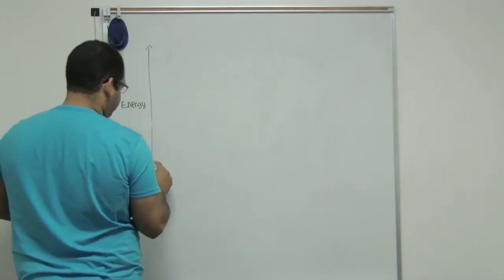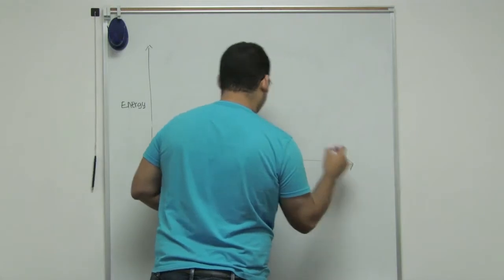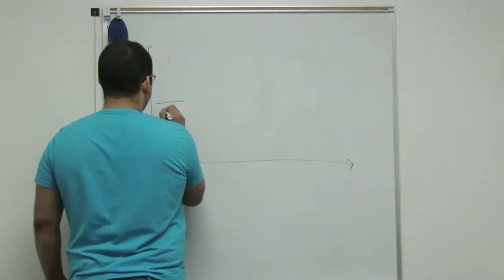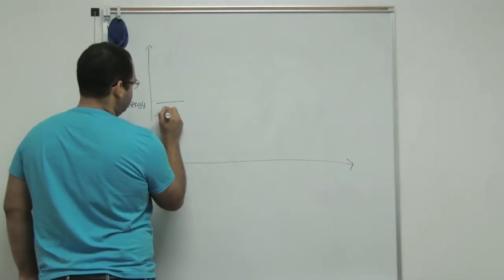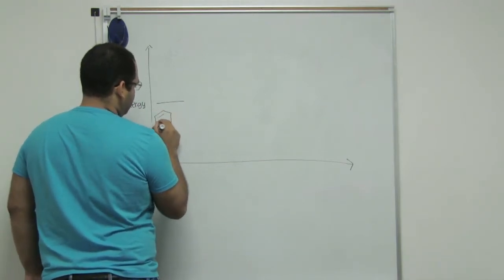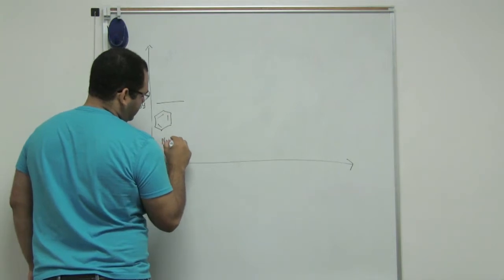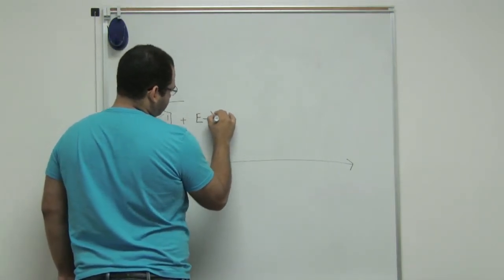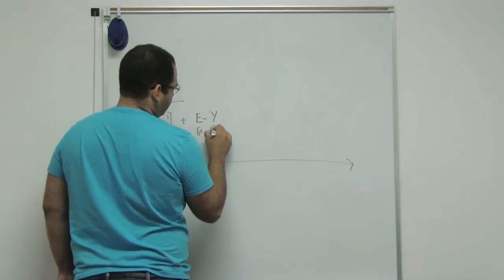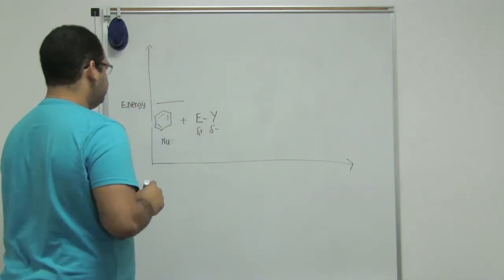Here we have our reactant, our benzene ring, which is our nucleophile, plus our electrophile.